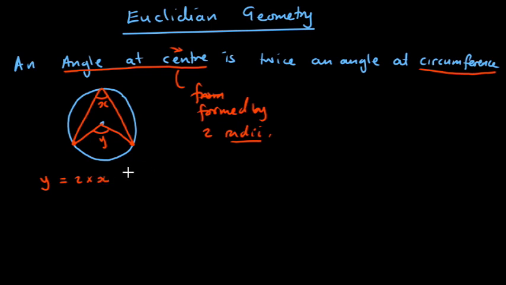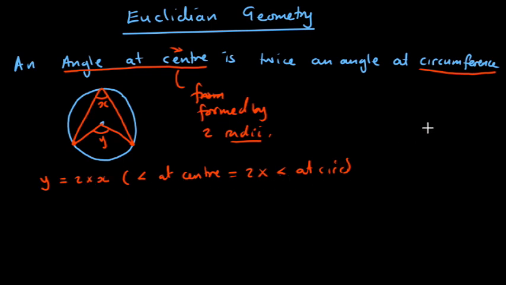The reason being angle at center is 2 times angle at circumference. This is the reason, and this is how we write it. Angle at center is equal to 2 times angle at circumference.